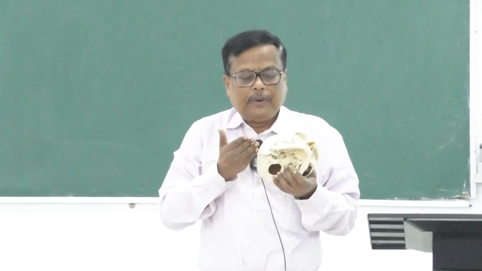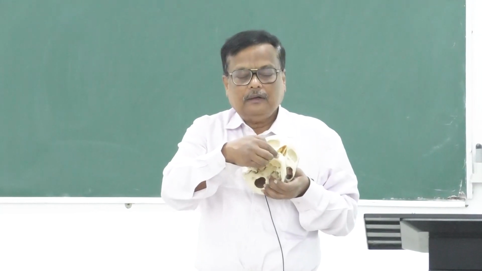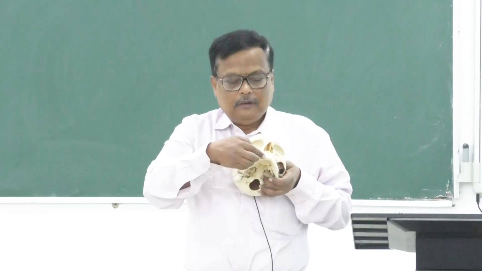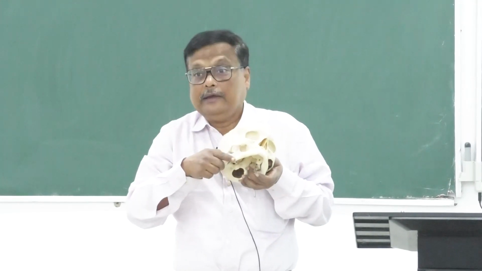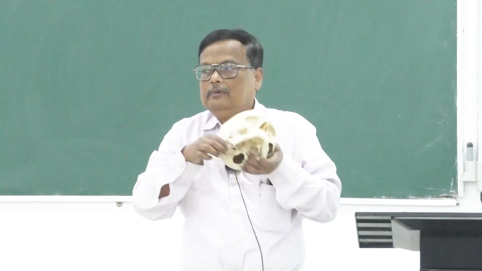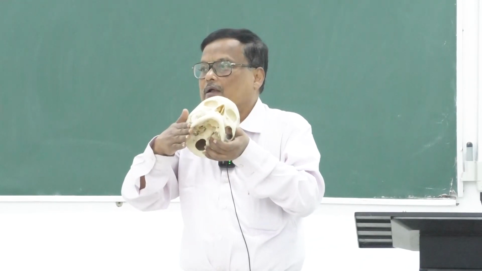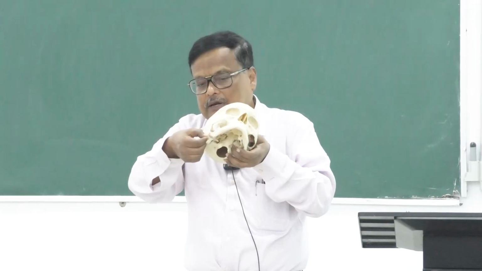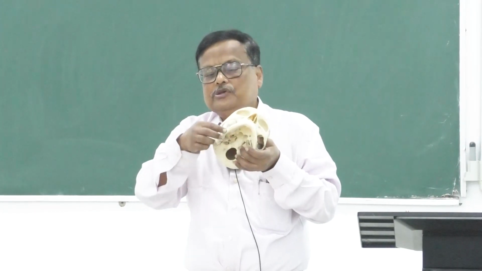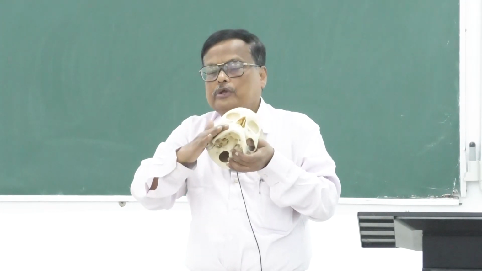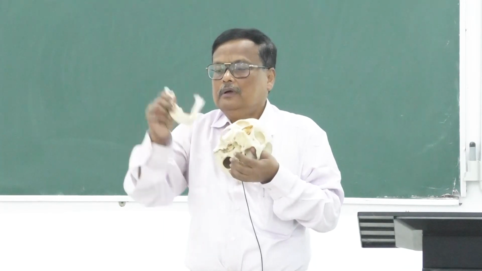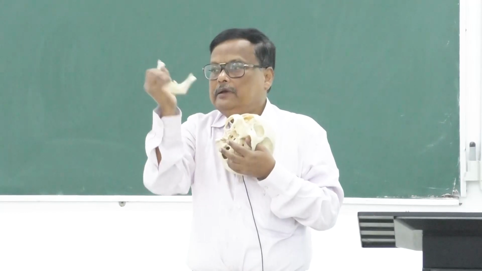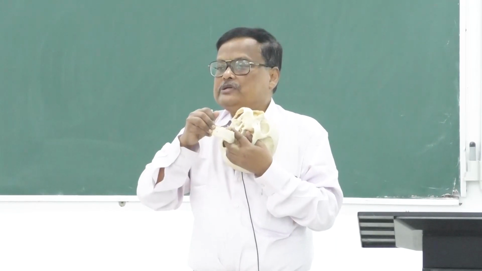So the neck's upper boundary is the symphysis menti, the lower border of the mandible, then an imaginary line, because there is a gap. There are no bones here. This region is known as the body of the mandible, and this is known as the ramus of the mandible.